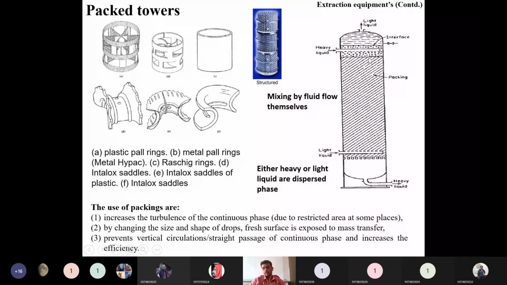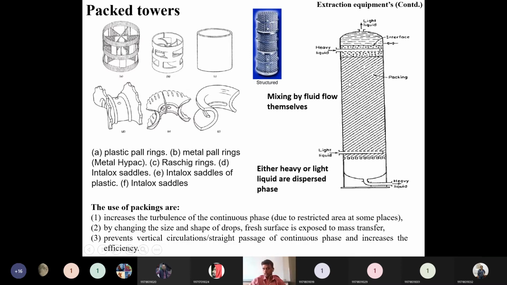Due to this tortuous path, the surface area available will be very high, and the chance of interfacial contact between these two phases will be very high. Then obviously the mass transfer will be very high. If the mass transfer is very high, then the extraction, or the solute solubility in the solvent, will be very high. That's the major operation of this one.